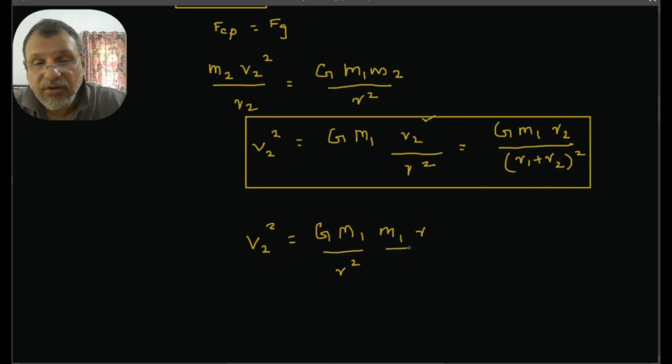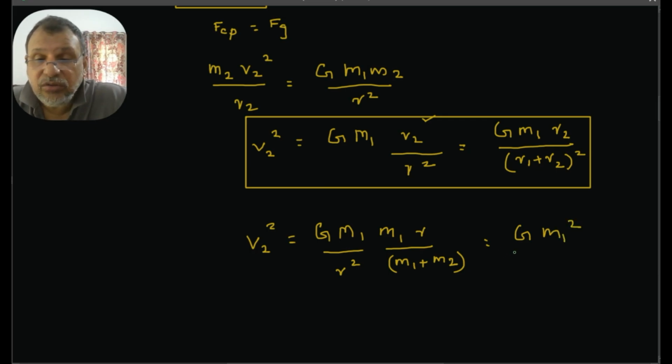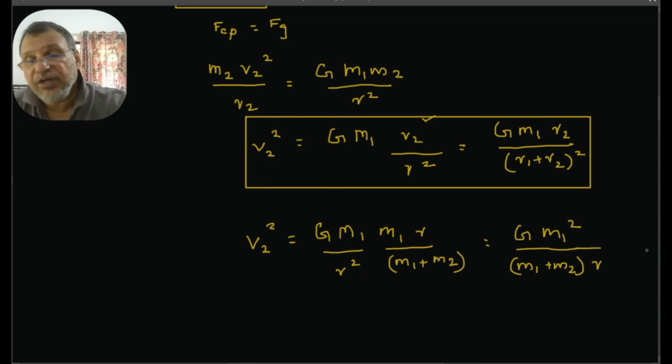Here r and r would get cancelled out. You will get G m1 square over m1 plus m2 times r. This is the relationship you will get.